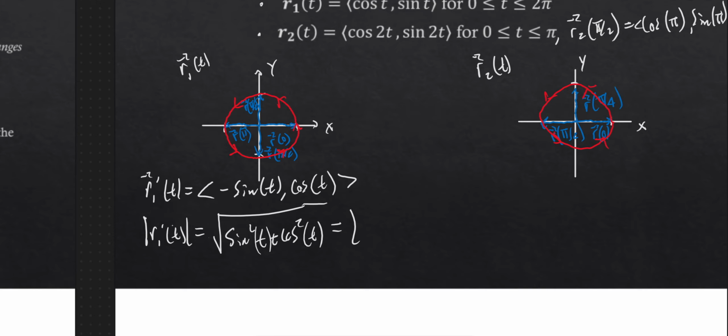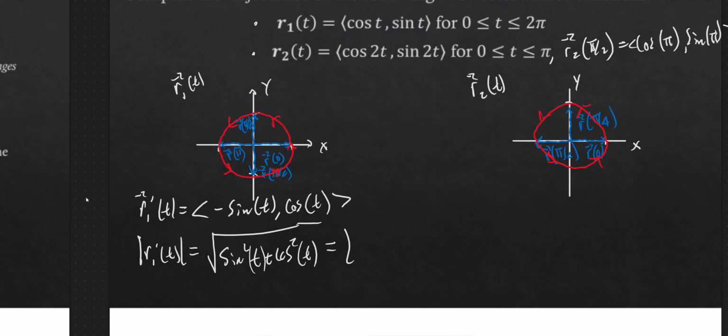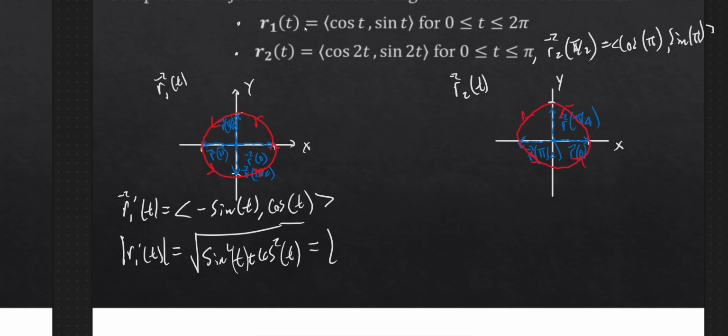So if t is in seconds, and this output is in, let's say, feet, then what this is saying is that in 1 second of time, I will travel 1 foot. That's the idea. That's this arc length function being exactly 1. The speed is 1.